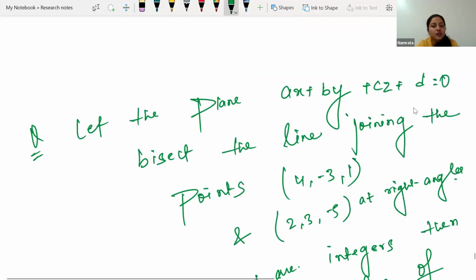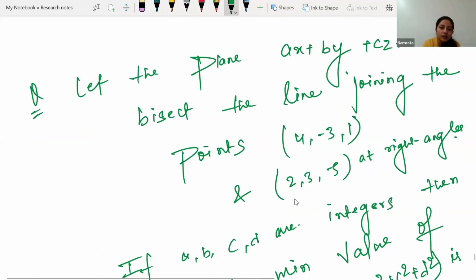So let the plane bisect the line joining this point and this point. Say this is a point P and this is a point Q. Let's understand what the question says.